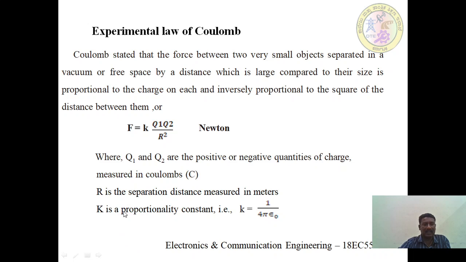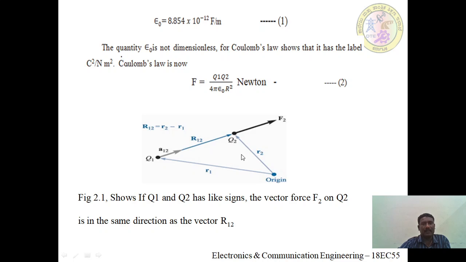The proportionality constant K is equal to 1 divided by 4 pi epsilon. That epsilon is the free space permittivity.